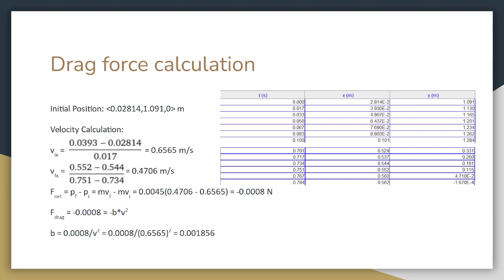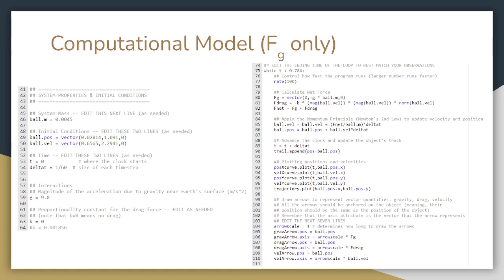Using F_net equals momentum final minus momentum initial, we get that F_net is equal to negative 0.0008 newtons. And by setting the drag force equal to this net force, we get that b is equal to 0.001856.